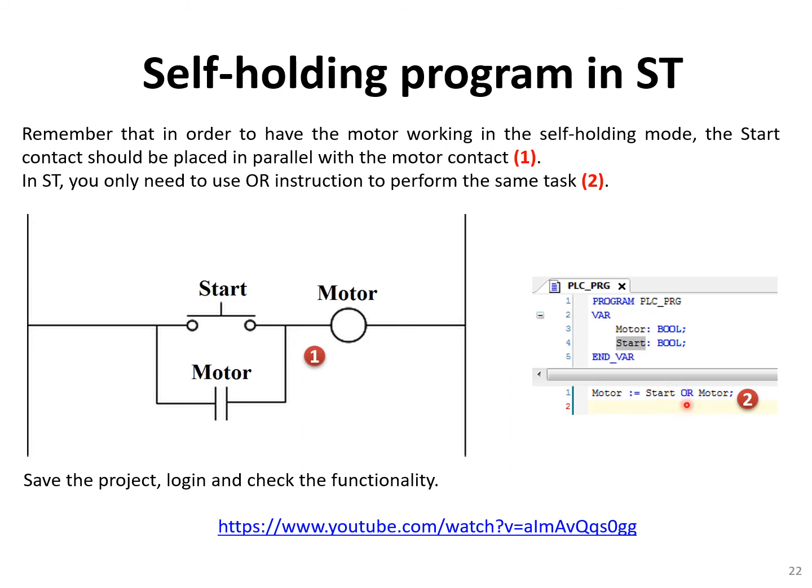Once the start goes false, since the motor already became true, this expression is true and the motor will be true and stay true. Save the project, log in and check the functionality.